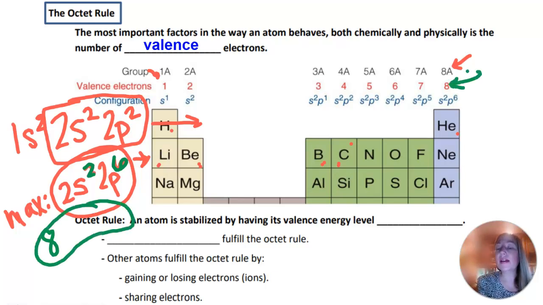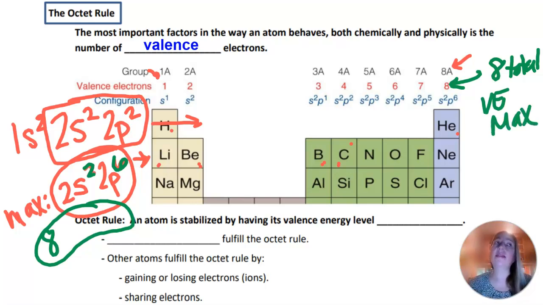We can get a maximum of 8 valence electrons, because that's the amount of electrons that we can fit in total in s and p orbitals. And it's our s's and p's that are our outermost valence electrons.